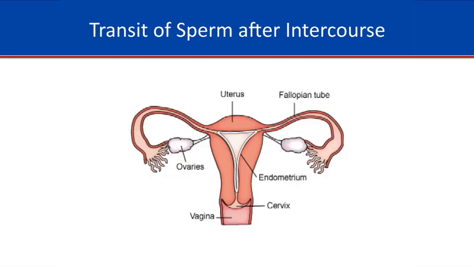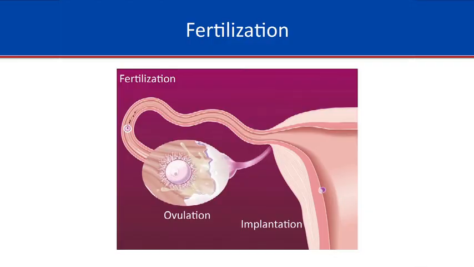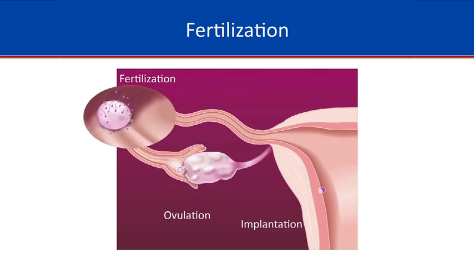Now, at the time of intercourse with the penis penetrating the vagina, the sperm actually swim up through the cervix, through the uterus, and into the fallopian tubes. Now, if this occurs around the time of ovulation, when the egg is released from the ovary, when the egg gets up into the fallopian tube, the sperm will fertilize it.